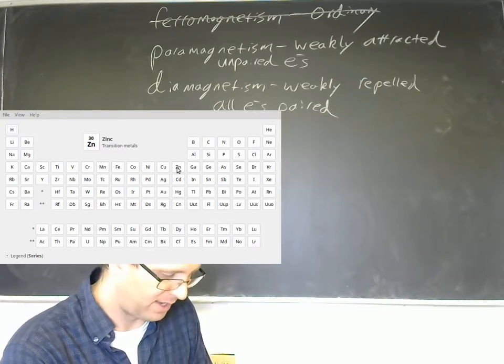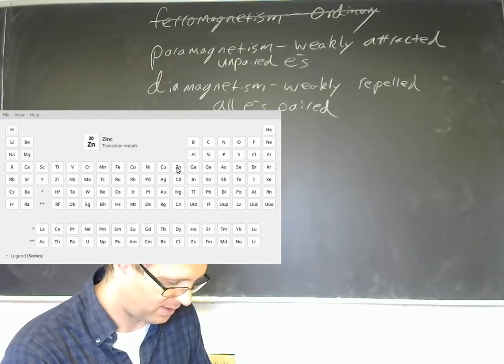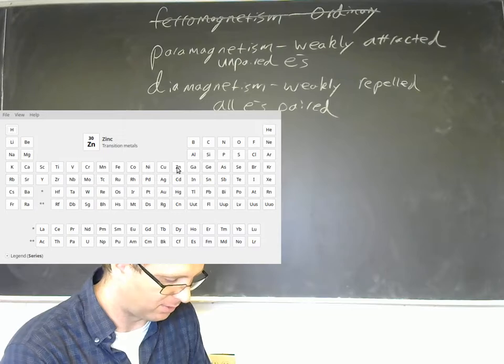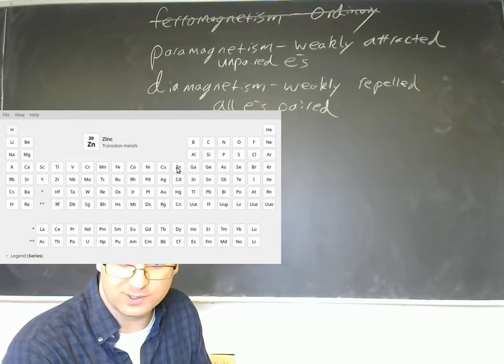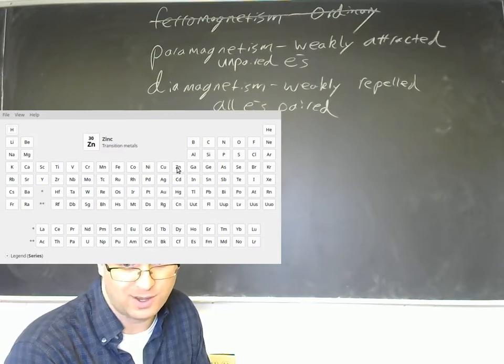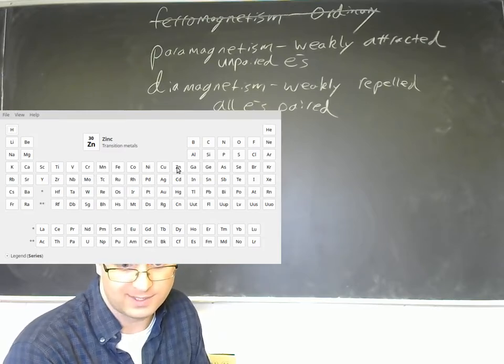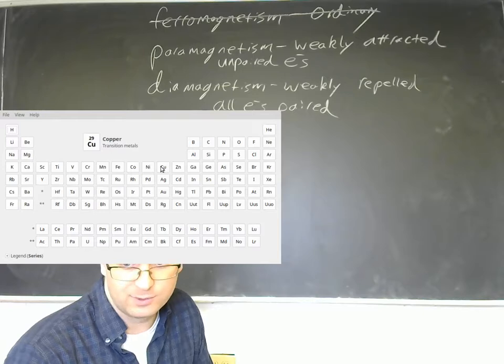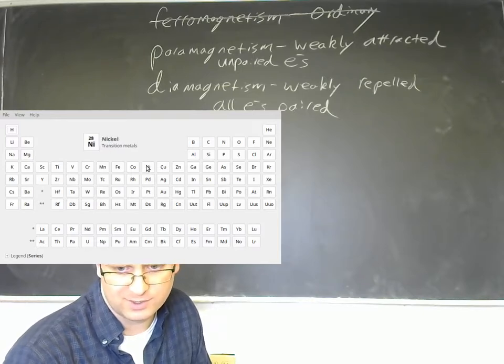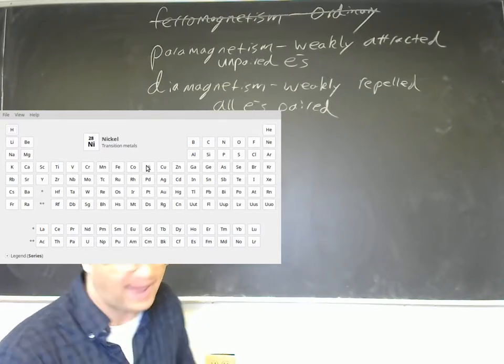But the zinc 4 plus is going to lose 4 electrons, and so it'll lose 2 of those 4s electrons first, and then lose 2 of the 3d electrons, and so it'll be left with 8 electrons.